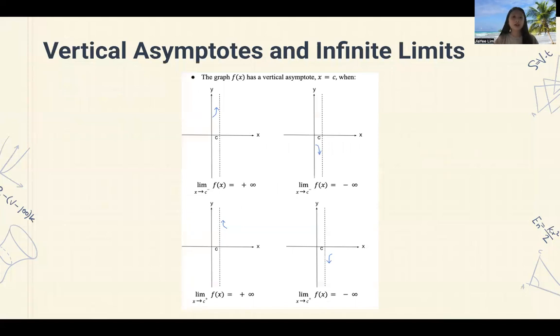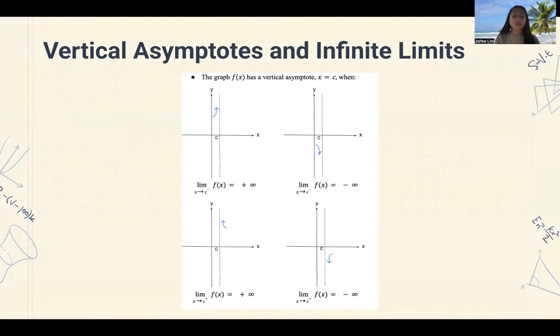This graph shows the relationship between the vertical asymptote and the infinite limits. When the x value is smaller than the vertical asymptote, it will be approaching from the left. And when the x value is larger than the vertical asymptote, it will be approaching from the right.